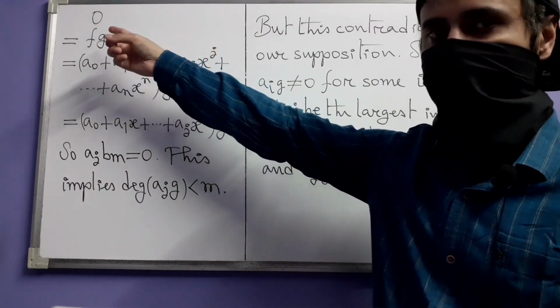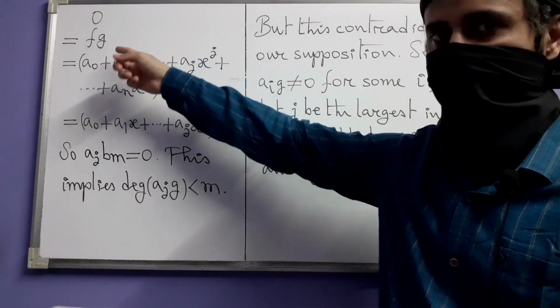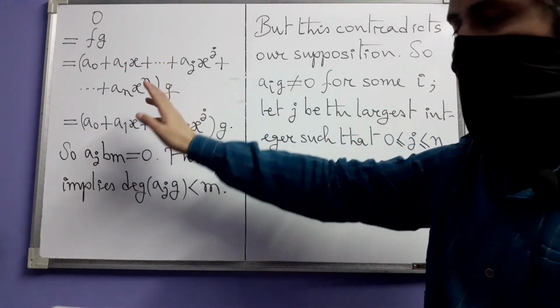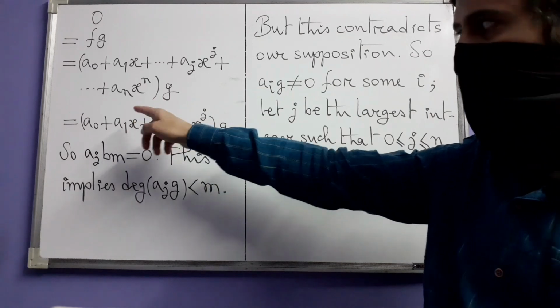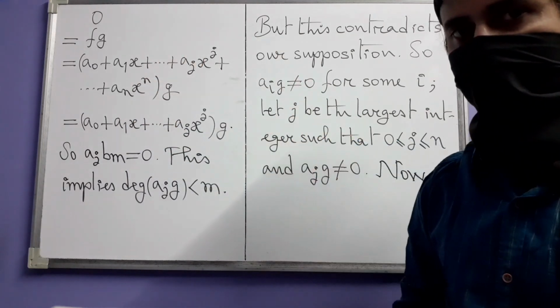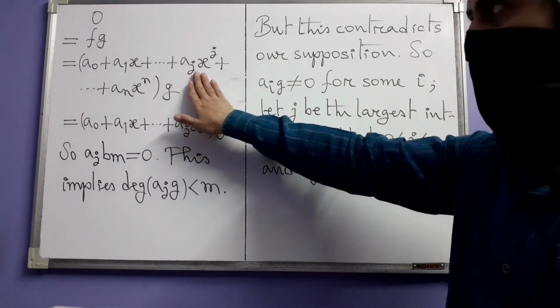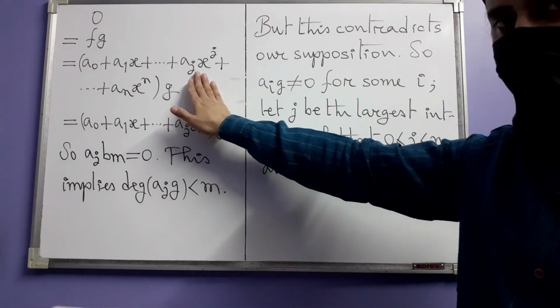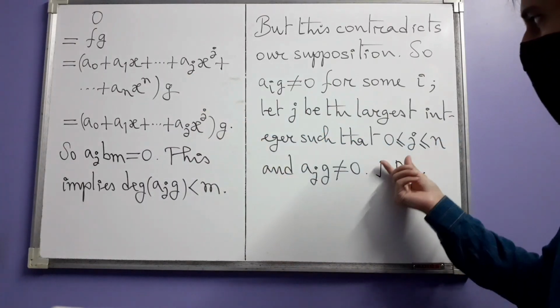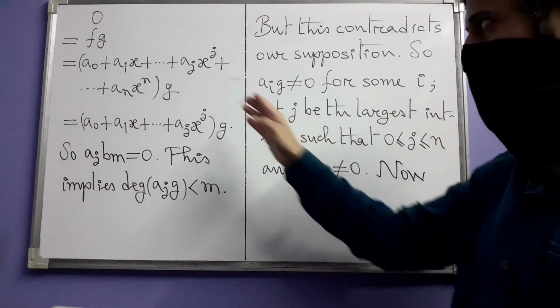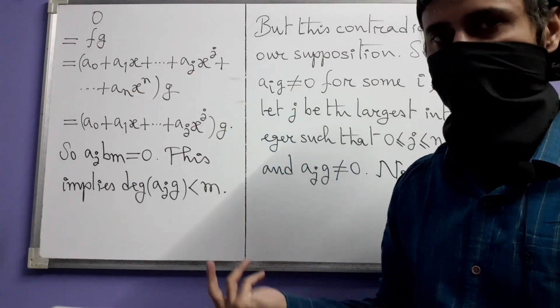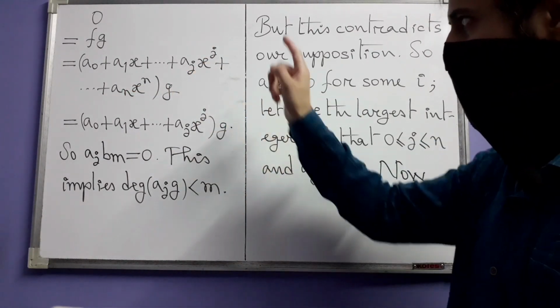We already know that fg is 0, and then I write in the next line what f is. The usual polynomial a_0 plus a_1 x and so on up to a_n x to the power n. But now I also show this term a_j x to the power j, because j can be any index here, it can take any of these values, so this term can be any one of the terms, times g.